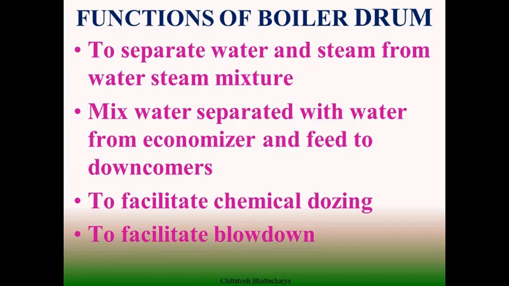The typical functions of the boiler drum, as we have already discussed, are to separate water and steam from the water steam mixture generated in the water walls, mix the separated water with the water from the economizer and feed it to the downcomers, and see that there is no vortex formation in the drum and a level is maintained within the drum.